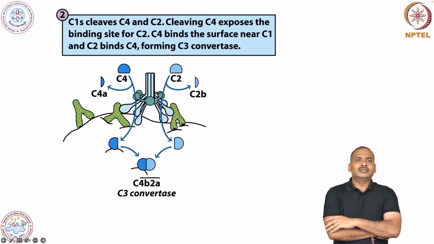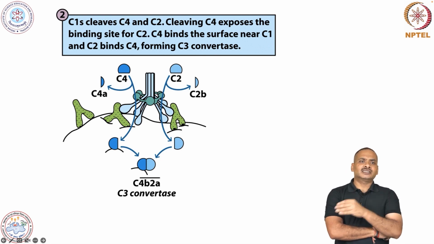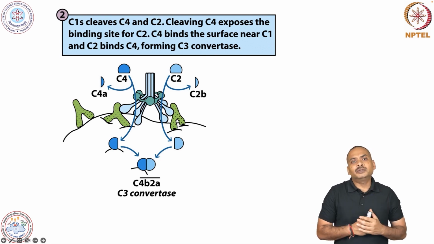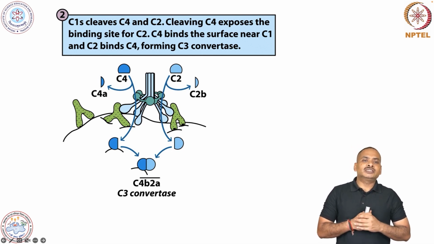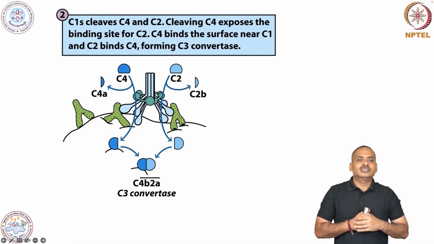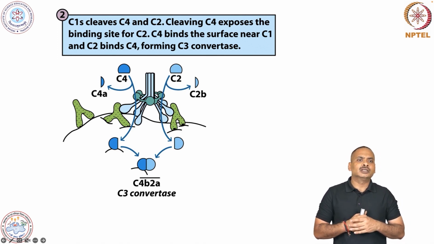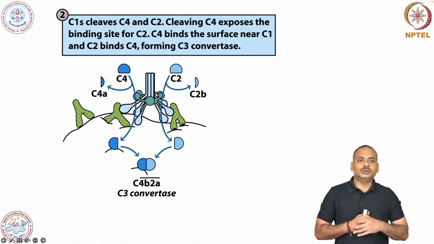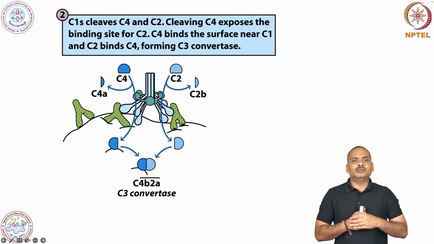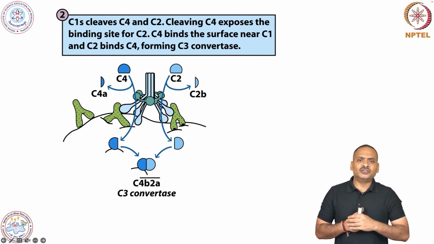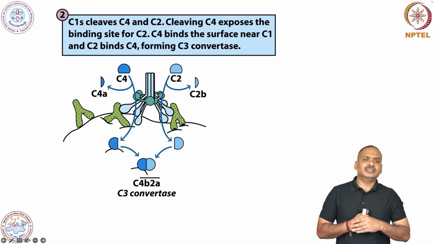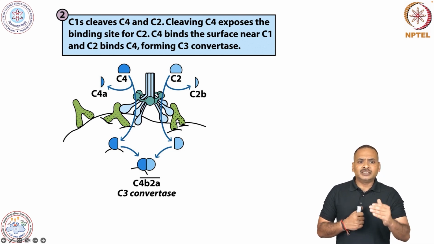The second step is, once this C1S gets activated, it cleaves the complement C4 and C2. Once C4 and C2 are cleaved, C4 exposes the binding site for C2. C4 binds the surface near C1, and C2 binds C4.